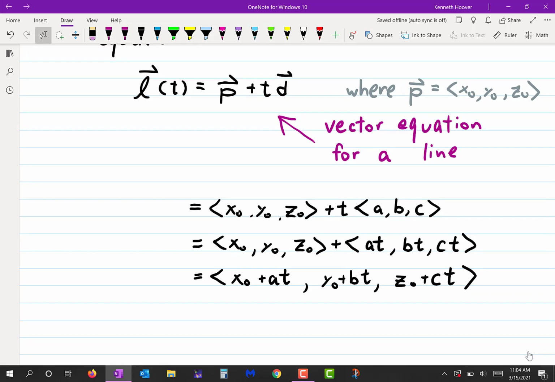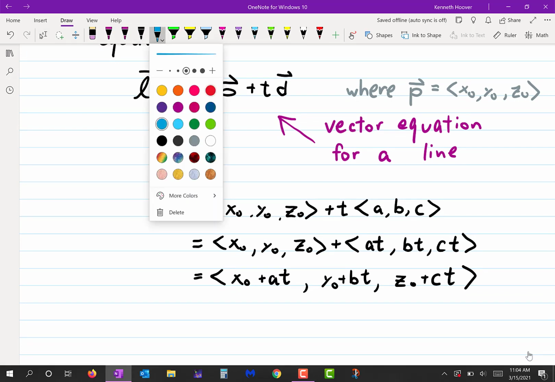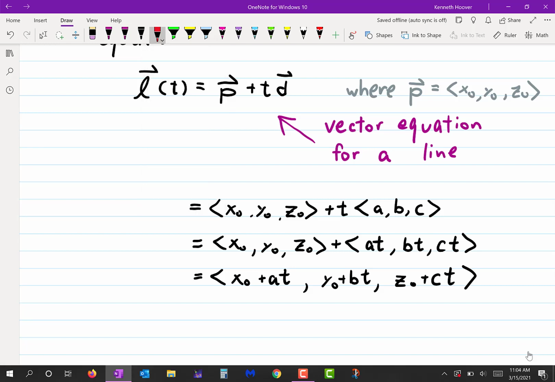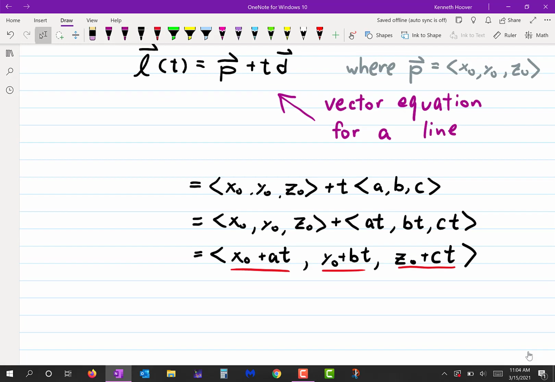Okay, and here's our x coordinate. Here's our y coordinate. I should say component, x component, y component, and our z component. So that means I can write this.